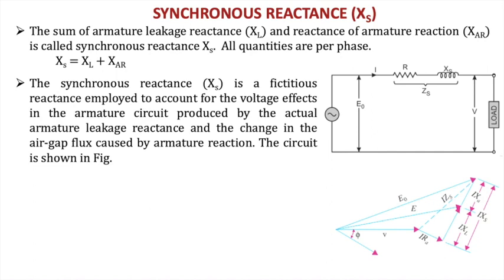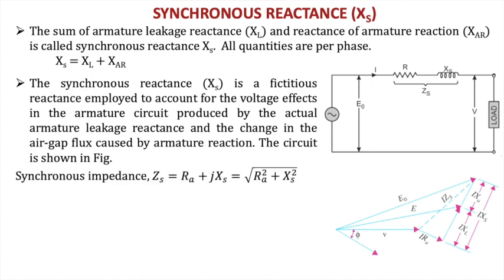The synchronous reactance is a fictitious reactance which takes into account the voltage effects in the armature circuit produced by the actual armature leakage reactance and the change in the air gap flux caused by the armature reaction also.